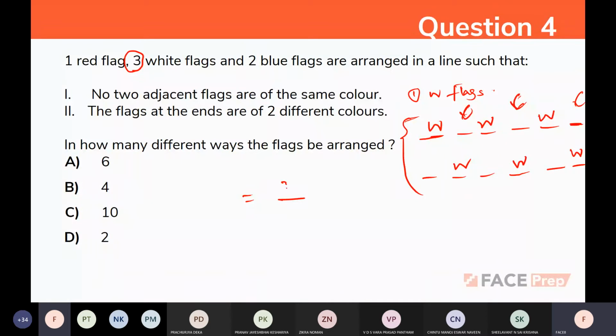The vacant places. We need to write a factorial for that, which is 3 factorial. In the denominator, we need to write the factorials for the remaining flags, which is 2 factorial for the blue flag, and 1 factorial.